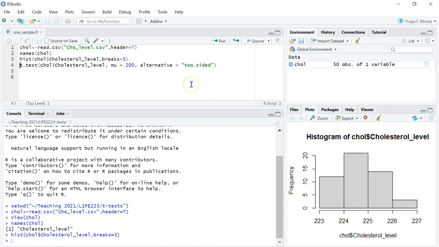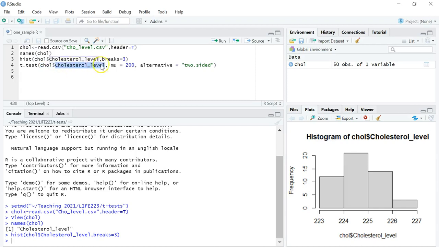So to do this, and as you go through the other videos, you'll recognize that they tend to use the same sort of function, t.test. You're just putting different things into the arguments for what you want it to do. So for t.test, for a one sample t-test, we insert the column of interest. In this case, we're looking at that whole data set, and we're using that dollar sign again to look at cholesterol level.